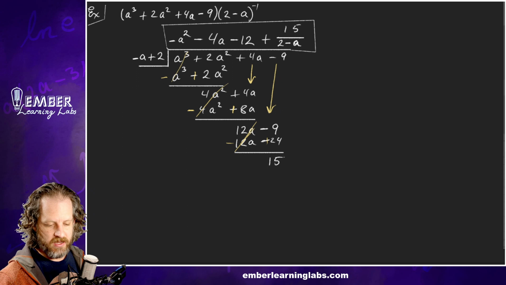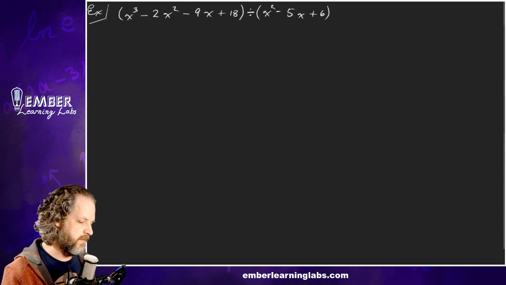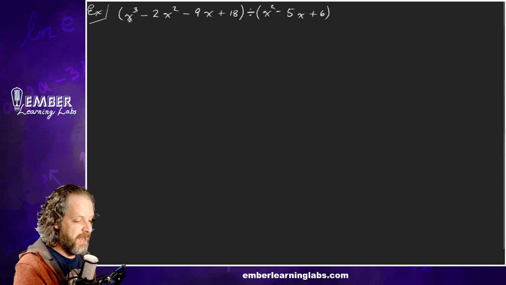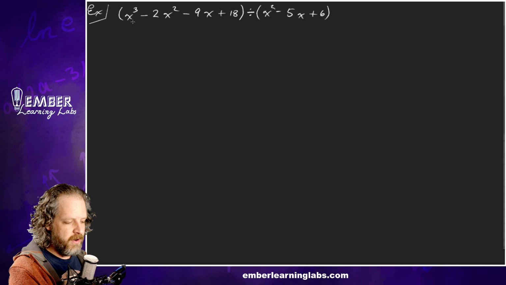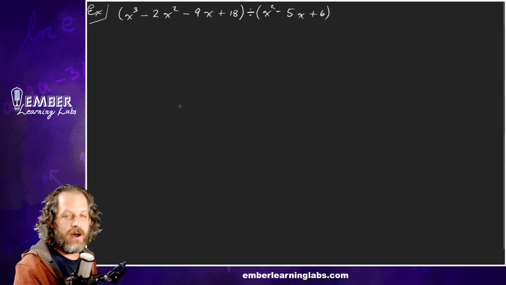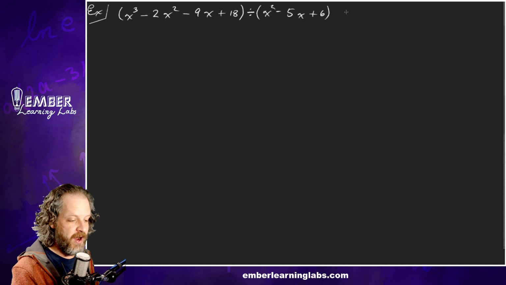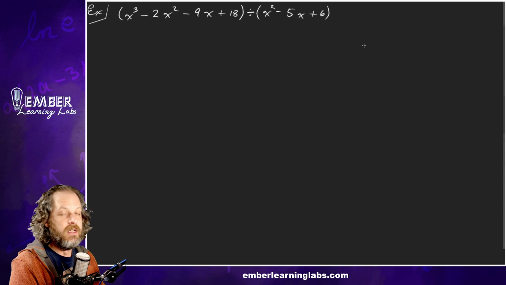Let's do another one. This one's going to look scarier, but it's actually going to be easier than it looks. Okay, so we've got a 4-term third degree polynomial divided by a trinomial. 1, 2, 3. Oh no, it's a trinomial in the denominator. Don't stress.